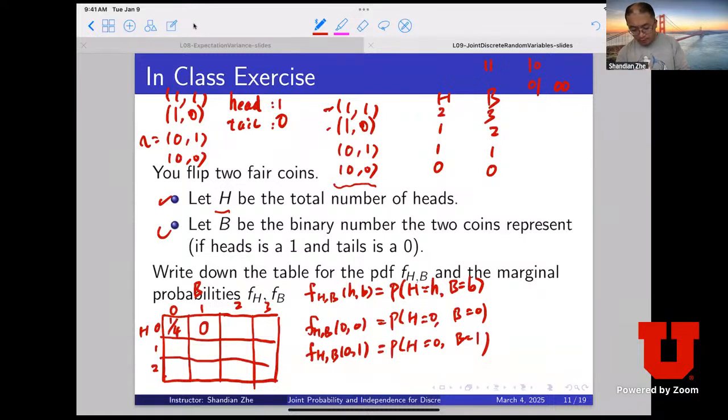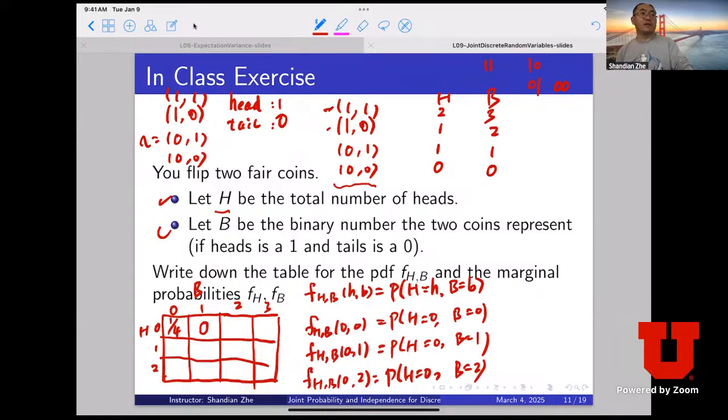So about third one, H is 0 and B equals to 2. Probability of the event that H is 0 and B equals to 2. 0, right? No outcome will give you H is 0, but B is also 2. As long as B is non-zero, that means at least you will have one head.